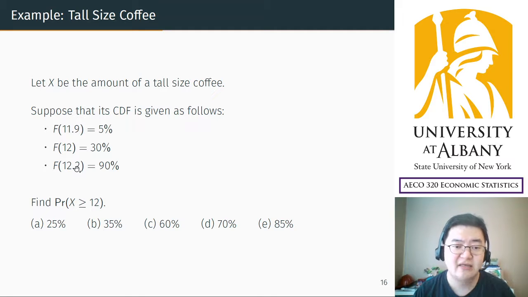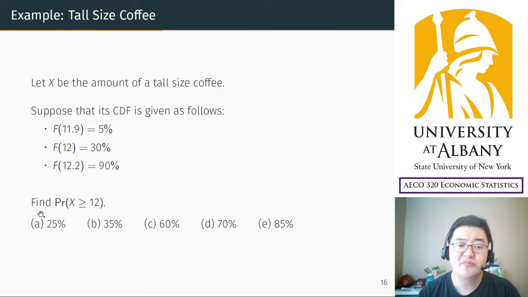It means that the probability that a tall size coffee contains less than 11.9 ounces is only 5%, and the probability that it contains less than 12 ounces is only 30%. Smaller than 12.2 ounces is 90%. From this information, we will study if we can calculate different types of probabilities.